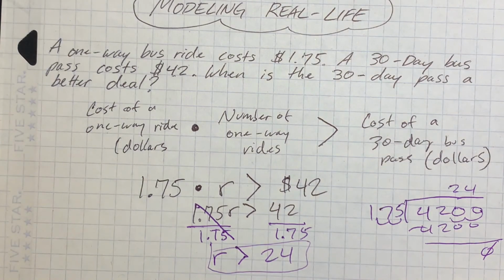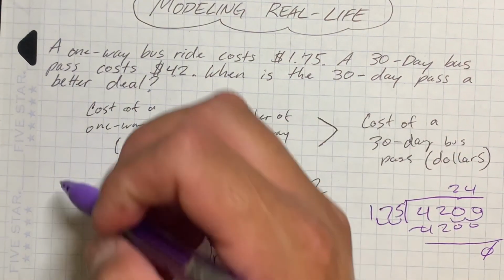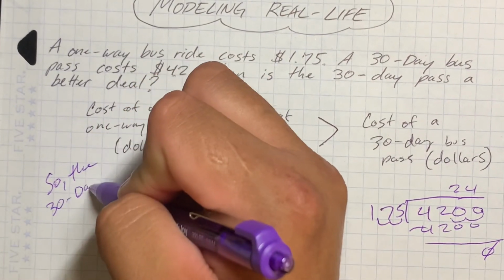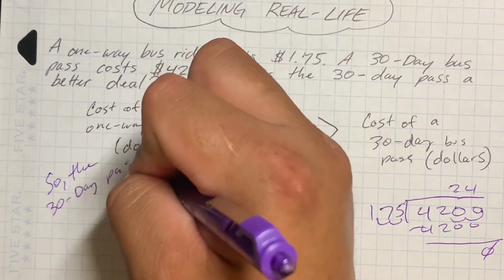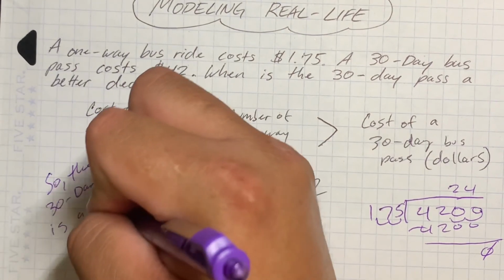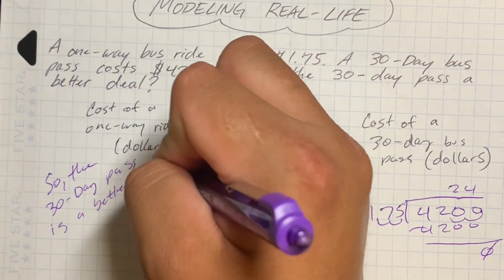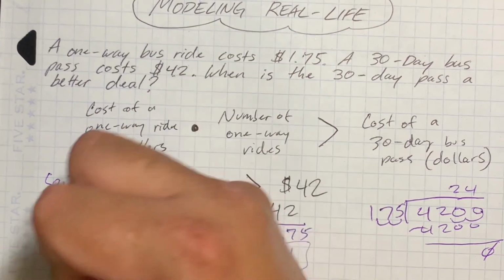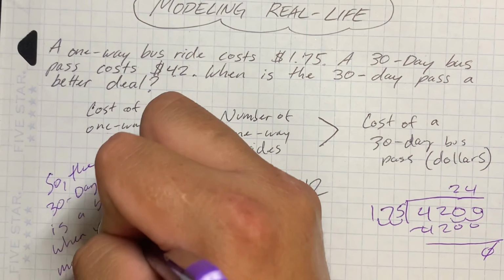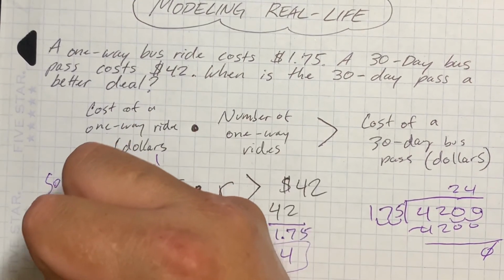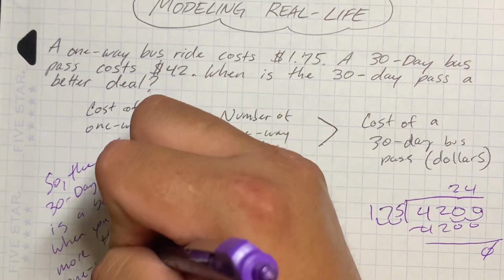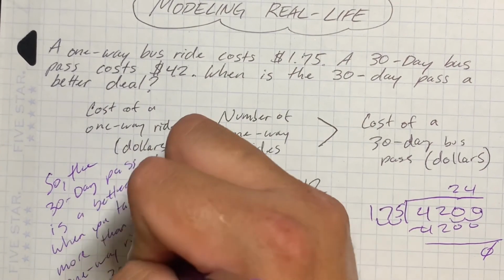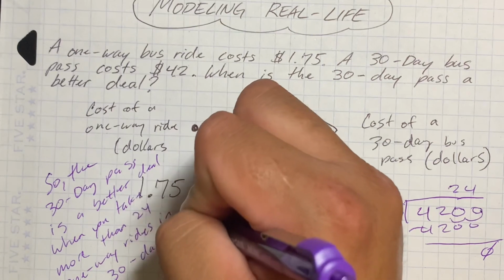Now, that's basically it. So we can say the 30-day pass is a better deal when you take more than 24 one-way rides in a 30-day period.